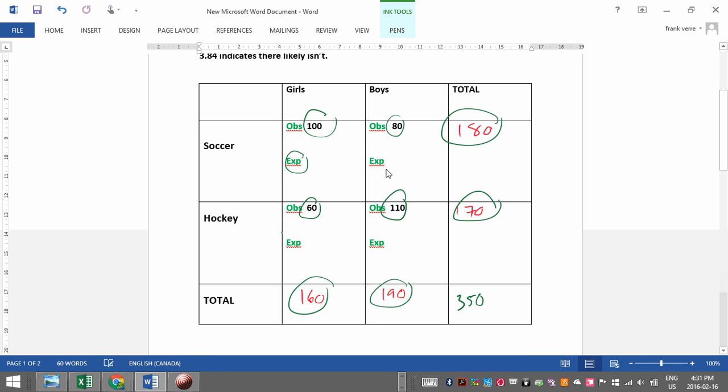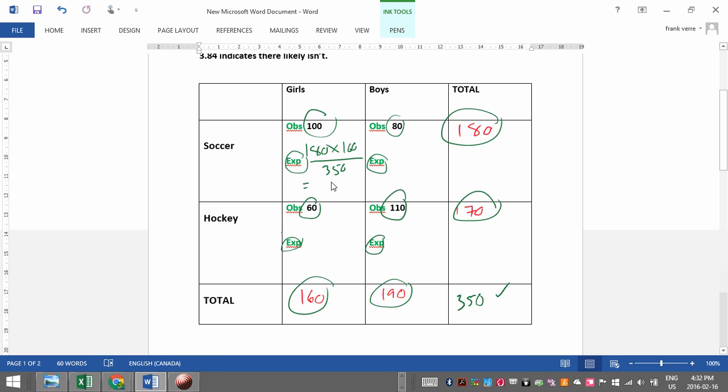Now, the expected is what you would expect to see if there was a normal random distribution of boys and girls playing soccer. The way you figure out this expected value is quite simple. This is cell 1, so it would be the total from row 1, which is 180, times the total from column 1, which is 160, over the total, 350.